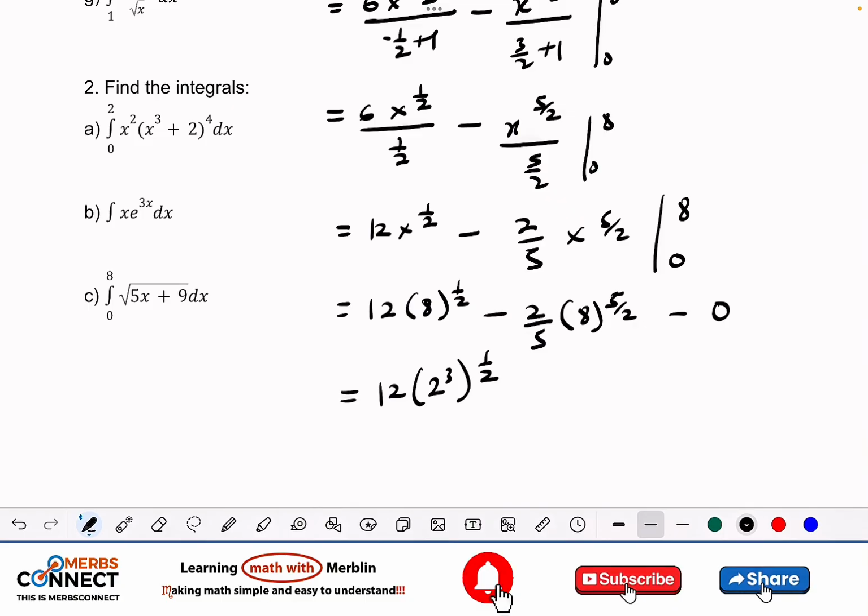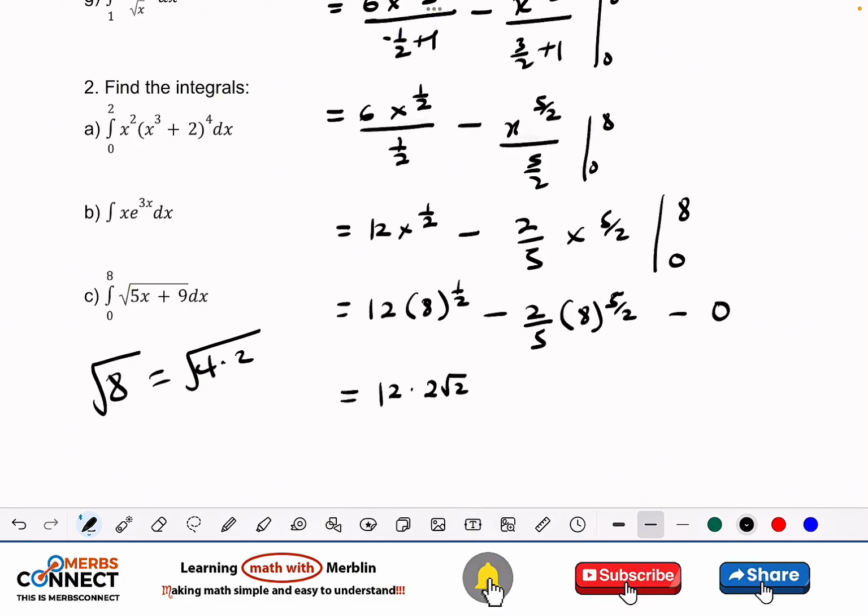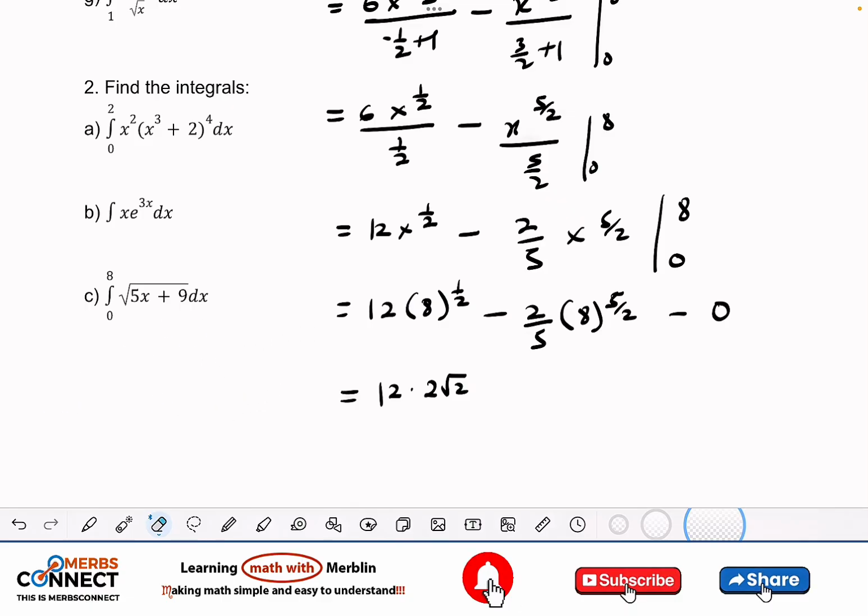Is that right? Yep. So basically, the square root of 8 is like 2 times root 2. Yeah, something like that, because I can write 8 as 4 times 2. Yeah, so that's true. But if you cannot do that, you can just leave it in this form.